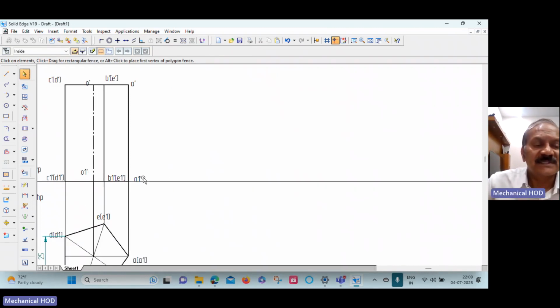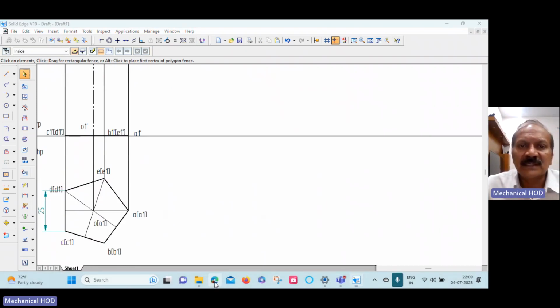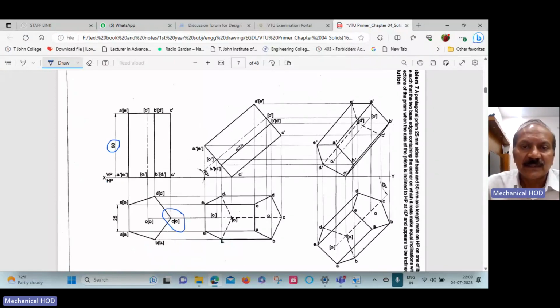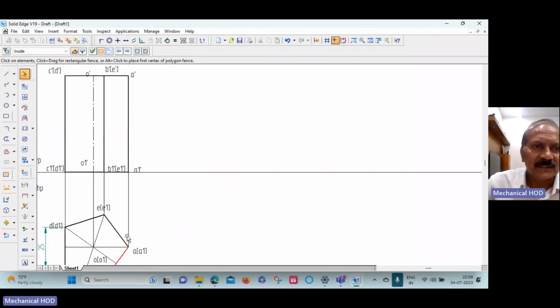Once it is done, now we have to rotate it such that the axis makes an angle of 40 degrees like this. Can you see here? We will rotate it such that the axis makes an angle of 40 degrees. For that, select this.